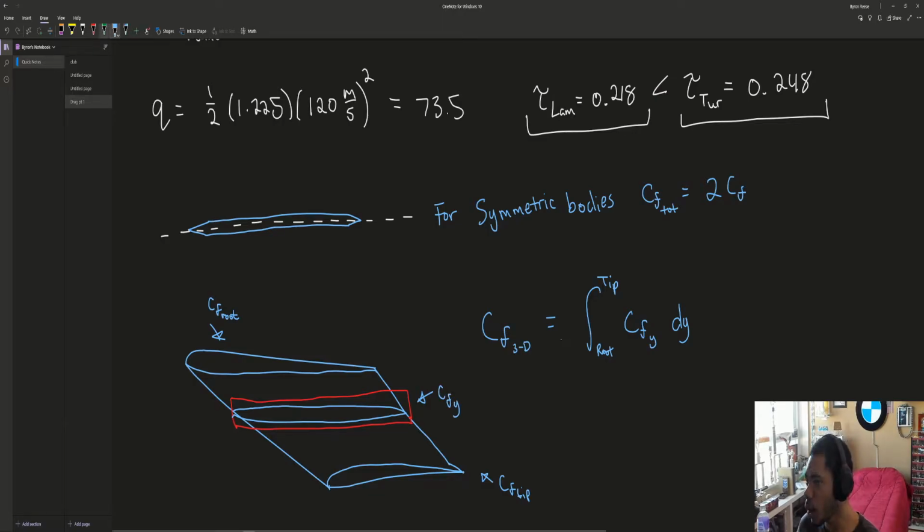Now the reason why I'm using Y here is because if we look at our plane, this is our X, this is our Z, and then as we go down the plane, our Y. If you would like, I can draw that more in line. There you go.